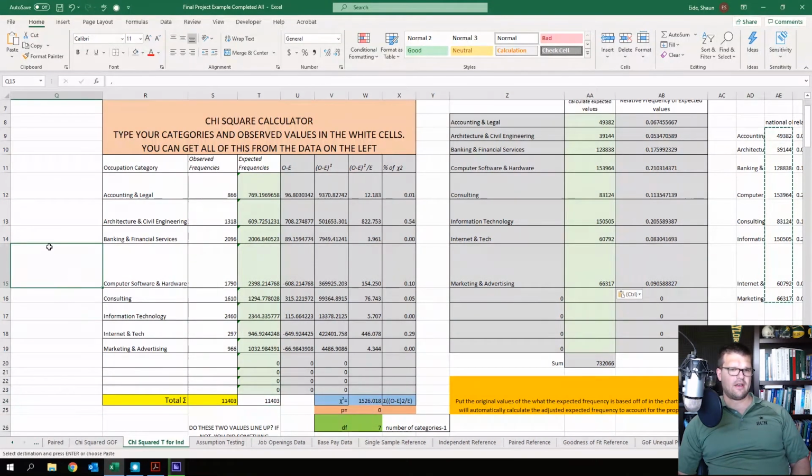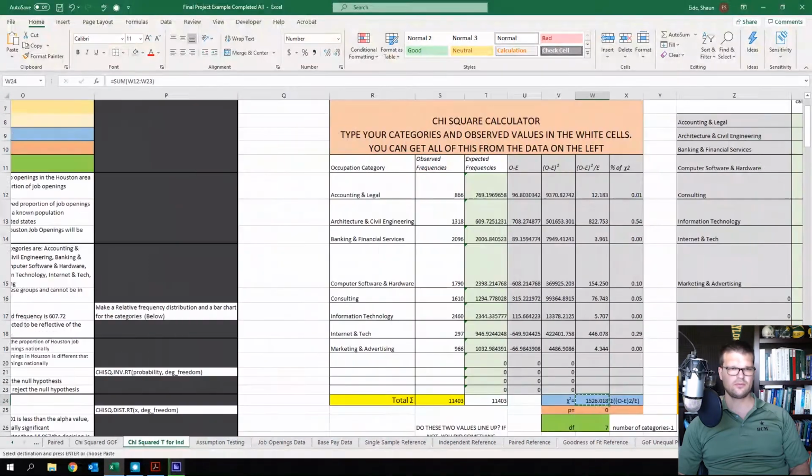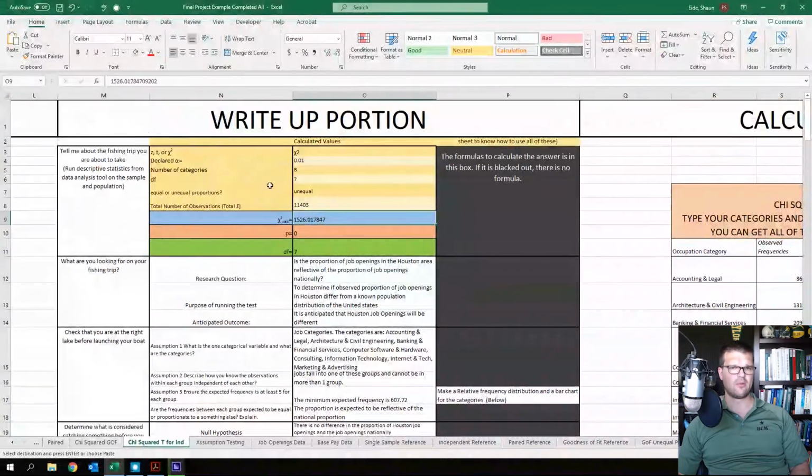Next, we've got the chi-squared now because it did all the rest of the calculations for you. So I'm going to copy this, bring it right here, and paste just the values. And what is the probability of this occurring?